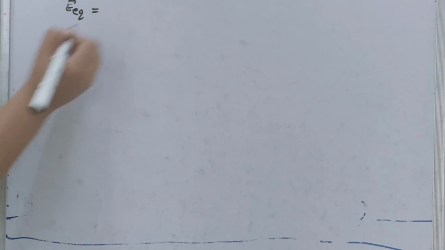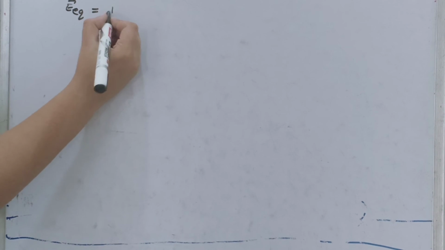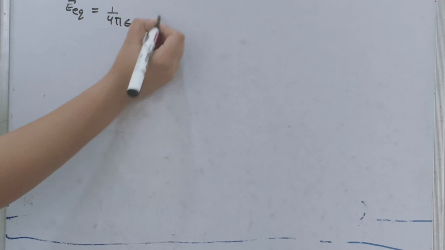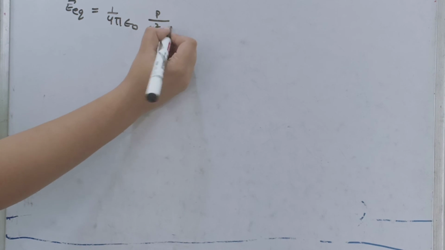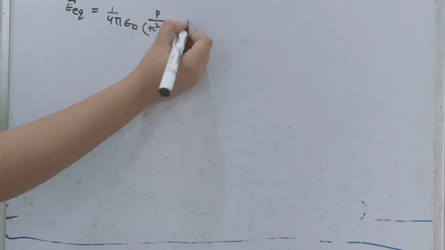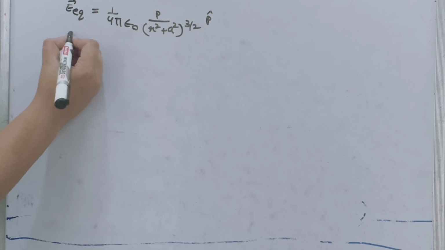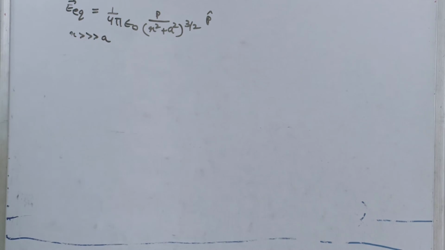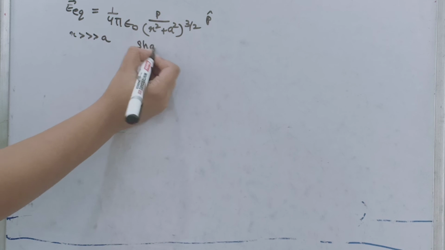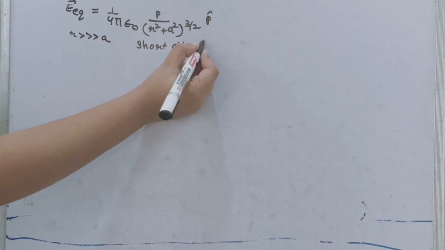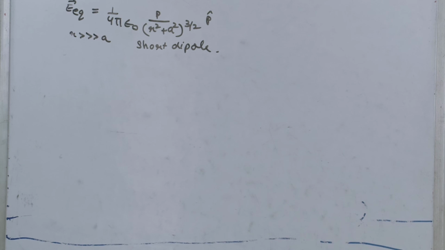Okay. Now see, this is what we have got for the equatorial position, that is 1 upon 4 pi epsilon naught, p upon (r square plus a square) raised to power 3 by 2 into p cap. Fine. Now suppose again we have r very much greater than a, or a is very small, we call it the short dipole.